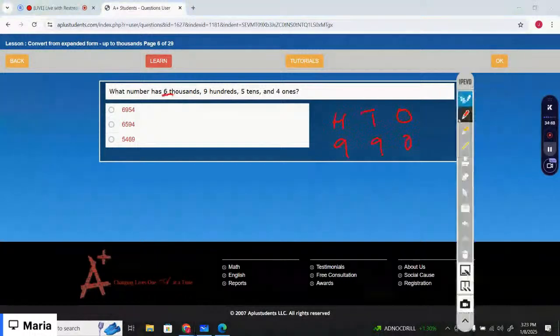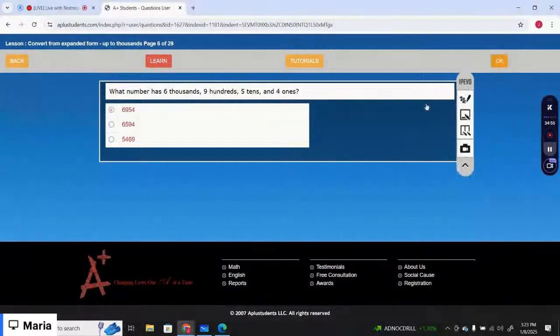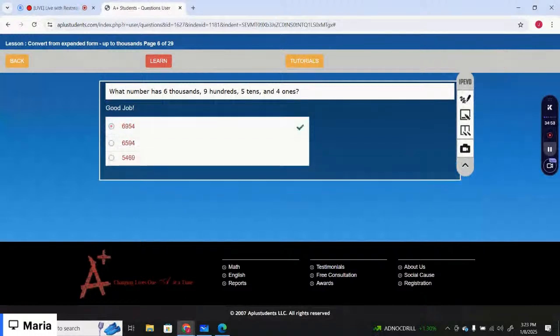So, let's just make a place value chart. That would be ones, tens, hundreds, and thousands. Together they make 6,954. Option number 1 is the correct option.